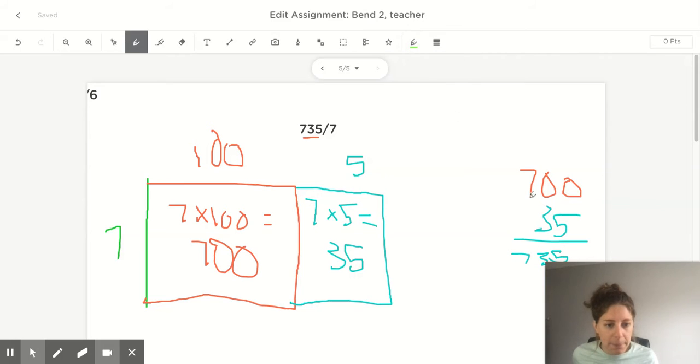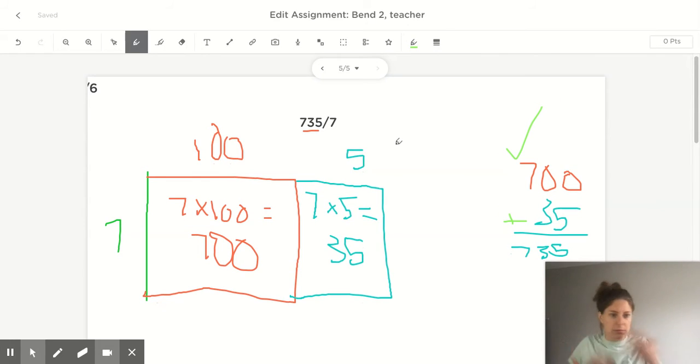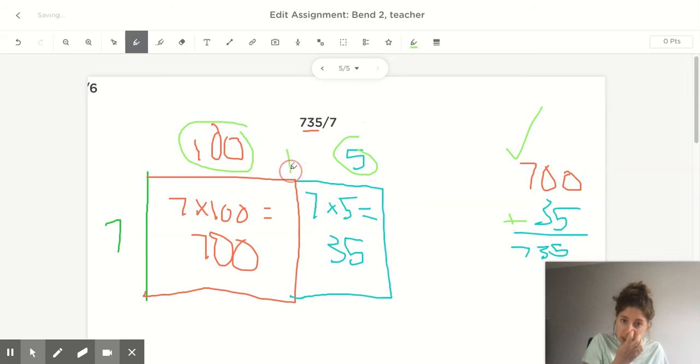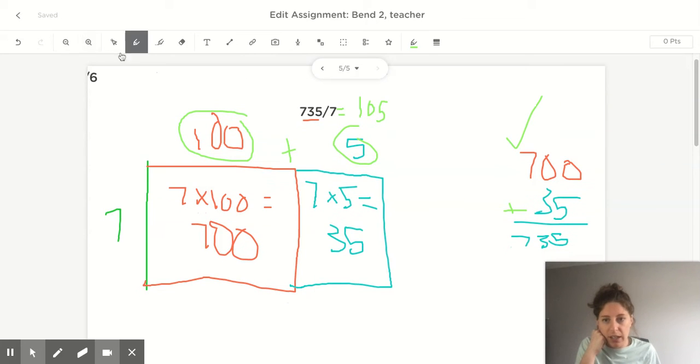Let me check. Yep, 735. Check. Okay, now what's my quotient? What's my answer to this division problem? Well, I passed out 100 to each, and then I passed out 5. So these two together, 100 plus 5 equals 105. So 735 divided by 7 is 105.